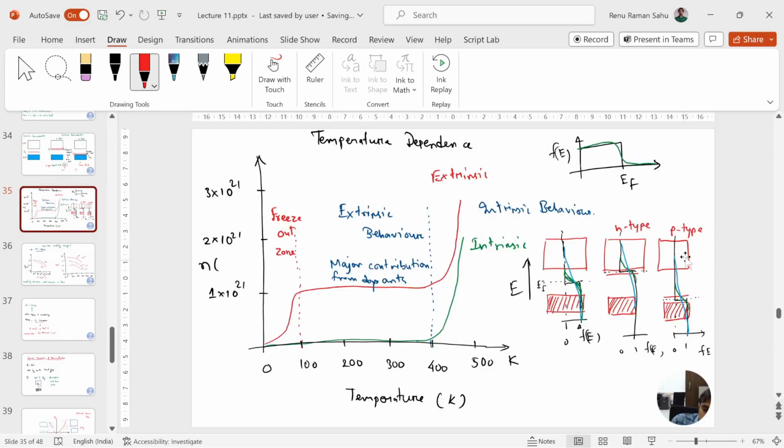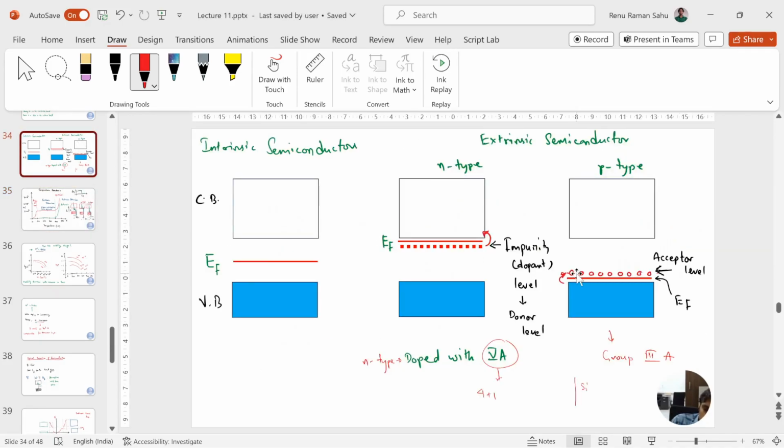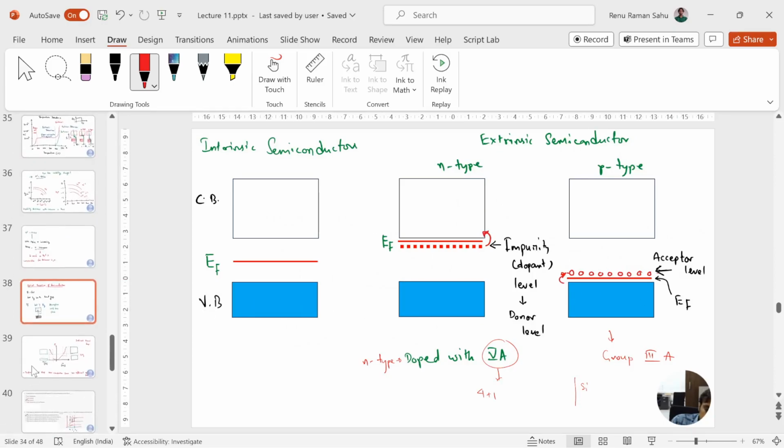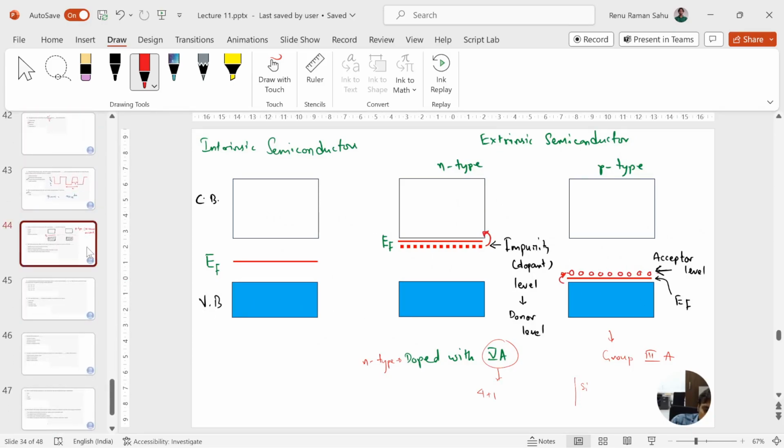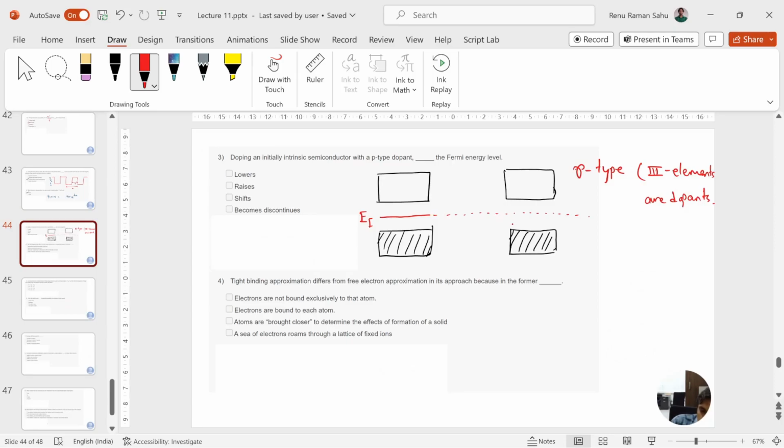Towards the valence band. You see, it is towards the valence band. In this diagram, EF is here. So your correct answer is 8. So what will be your answer out of these 4 options?